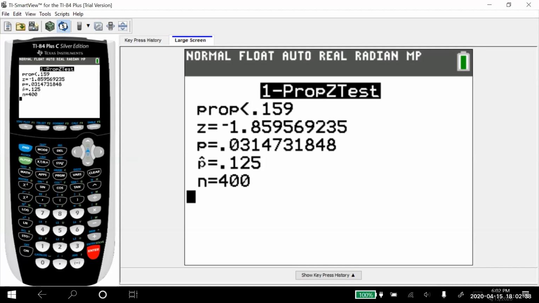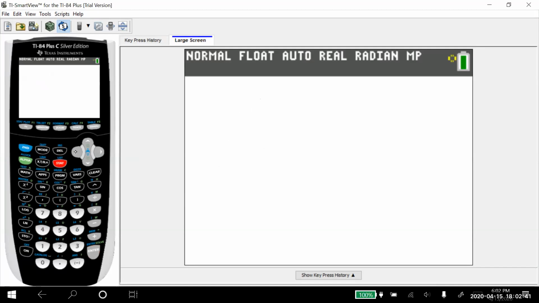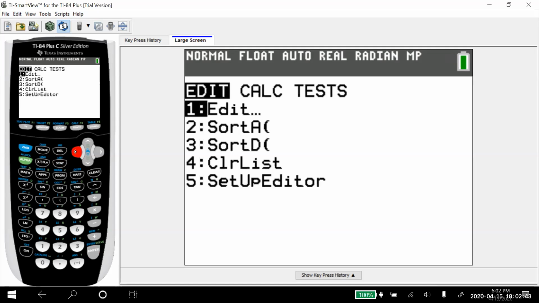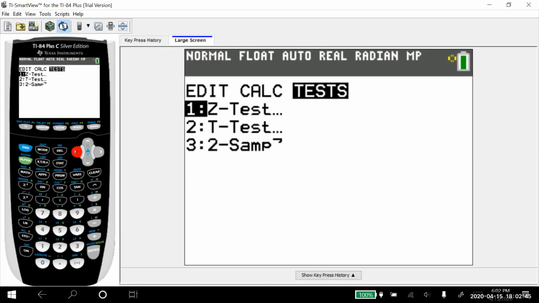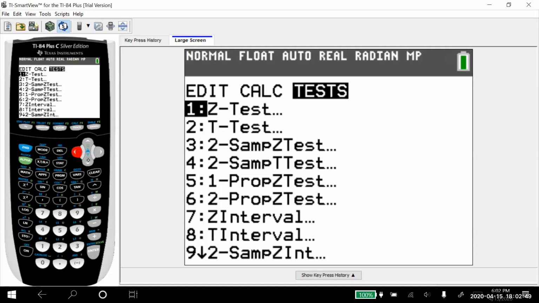And we just go stats, tests as normal. 2-prop Z test. That's down at number 6. Okay, so let's go ahead and run this, and let's see what we get.